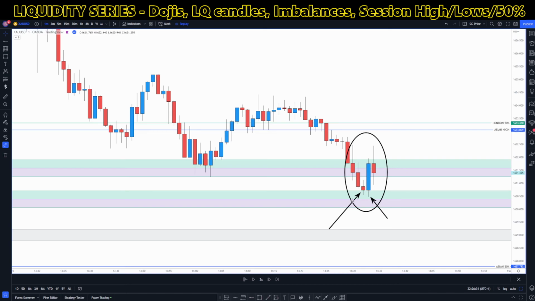So if this is your doji, this is your manipulation. When price comes down, you could be looking for an entry from around here, keeping quite a tight stop loss.